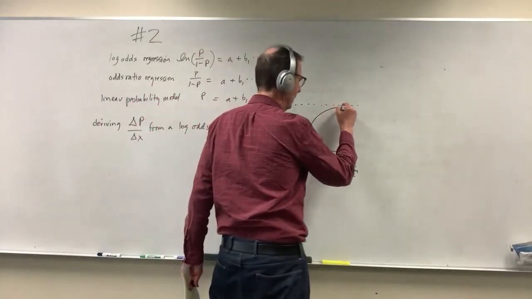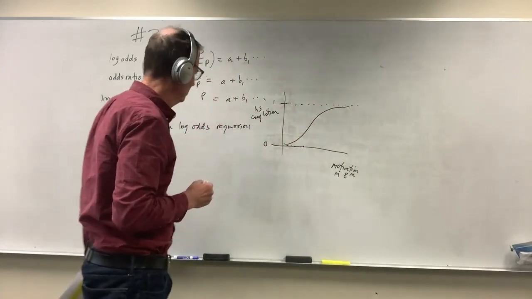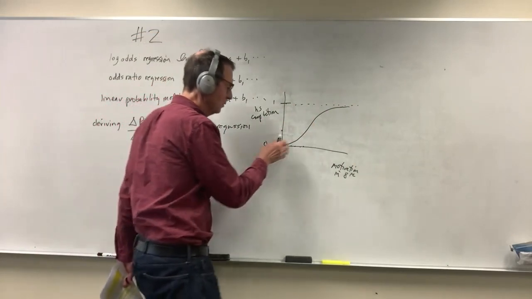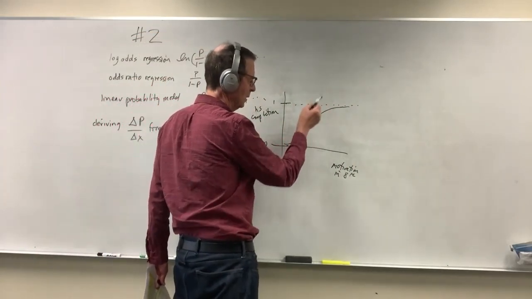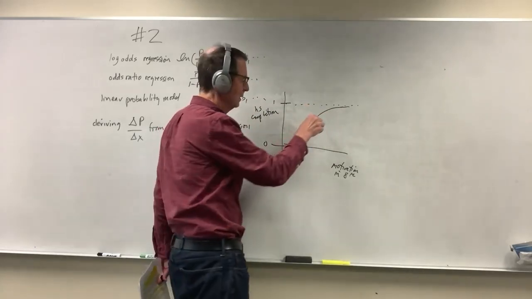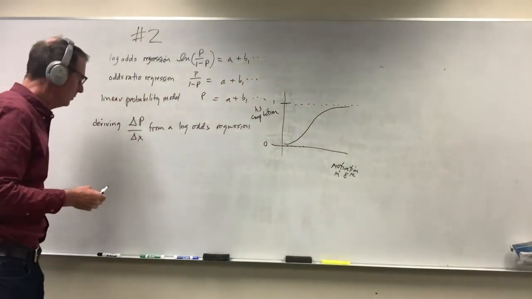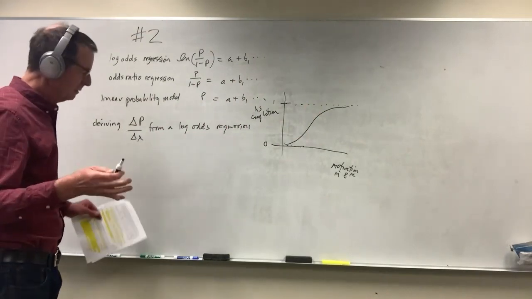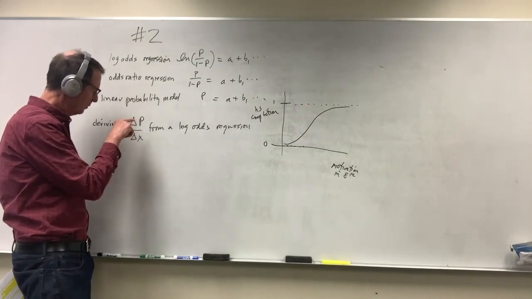So we're fitting some kind of S curve. Its slope is changing everywhere. So if we want to know about a change in probability, in other words, the slope of this logistic function, we have to tell Stata where we want that slope evaluated. And the default in Stata is just to plug in the mean values of all the independent variables. But you can do whatever you want in terms of asking where to evaluate this.